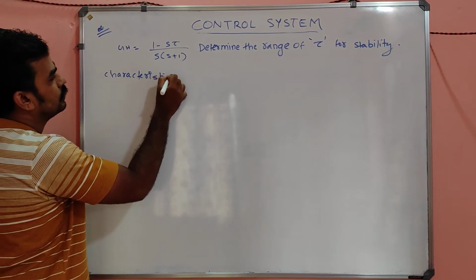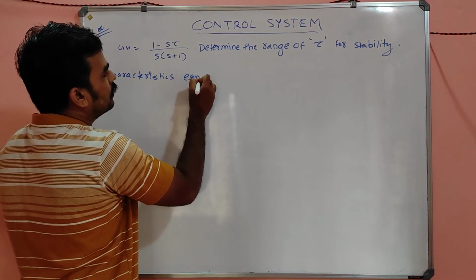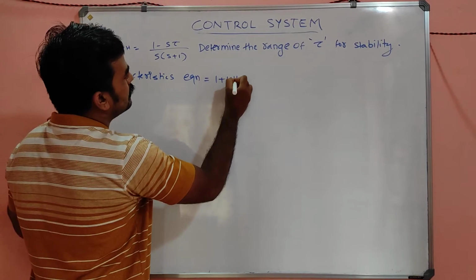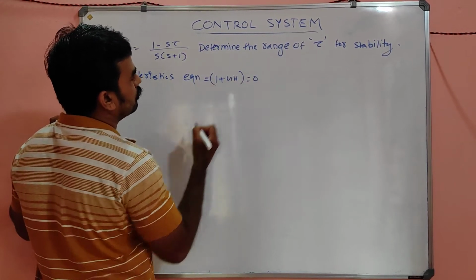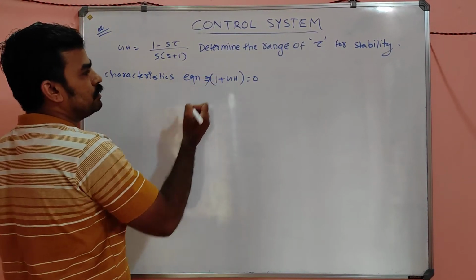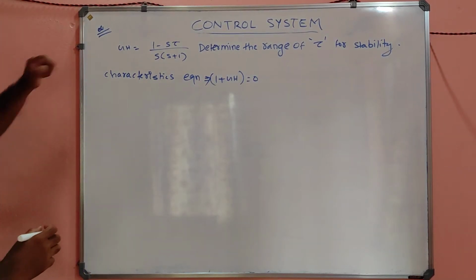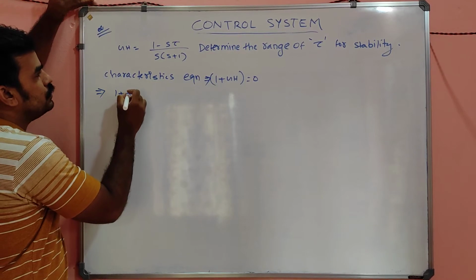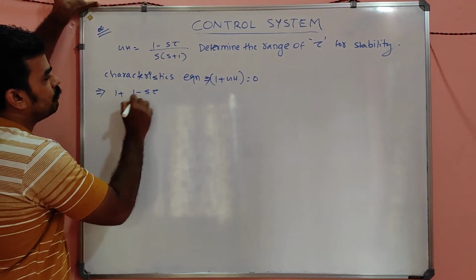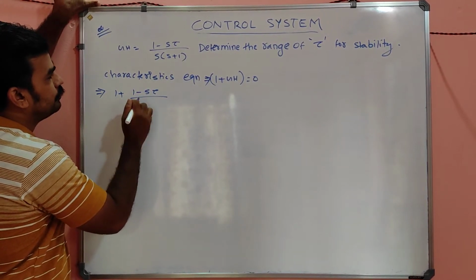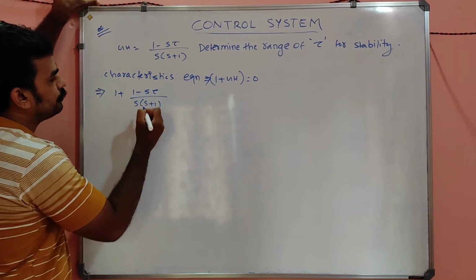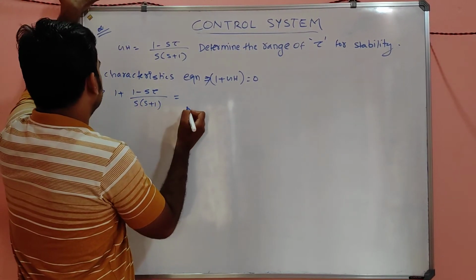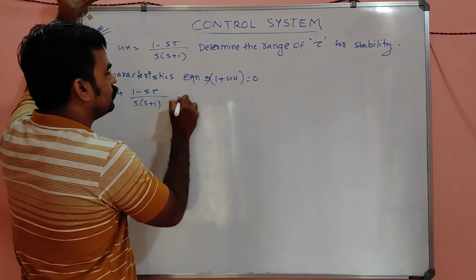Characteristic equation equal to 1 plus GH equal to 0. Correct? GH is there, which implies 1 plus G into H is 1 plus (1 minus S tau) divided by S into (S plus 1), equal to 0.